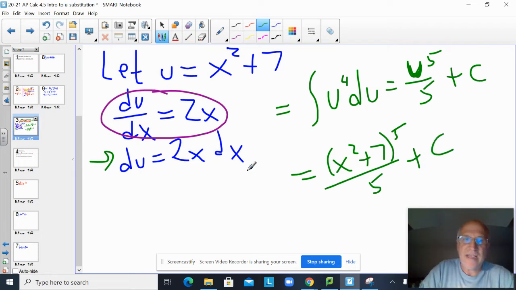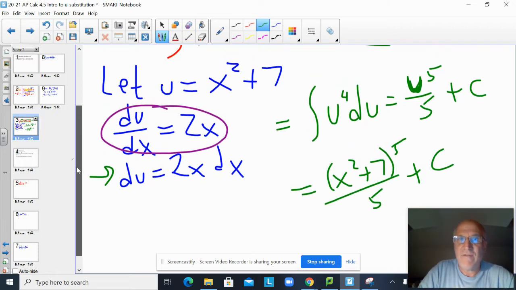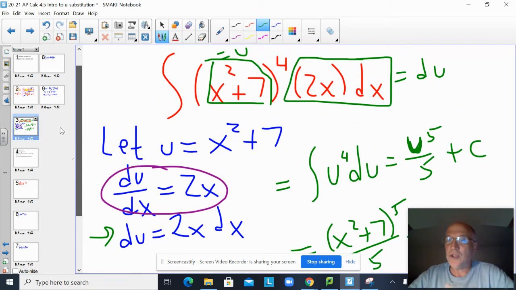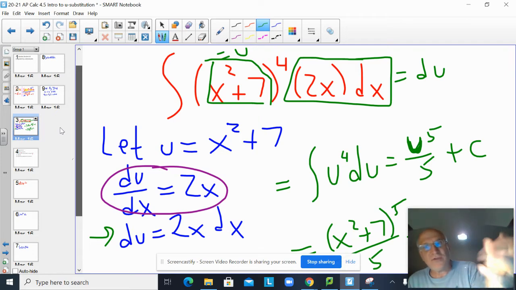So there's as straightforward an example as there is of u substitution. We chose u, we picked which part of the function whose derivative is also there, and sometimes that's easier than others, and the more you practice it, the better you get at it. And then we take the derivative of u, and we then substitute.